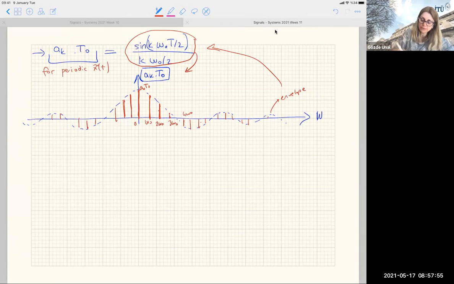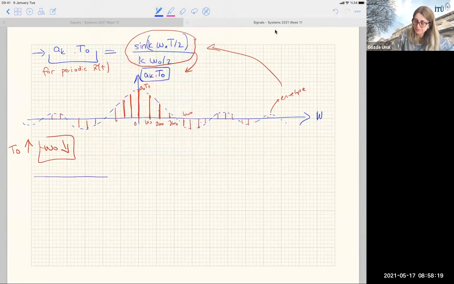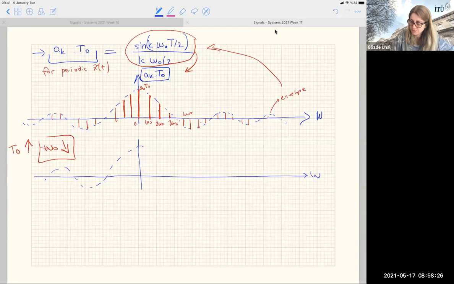Now what I want to see is, as T0 goes up, remember we said let's make the period of the signal very large. What happens to ω0? ω0 goes down, right? So I will be sampling this thing much more frequently.